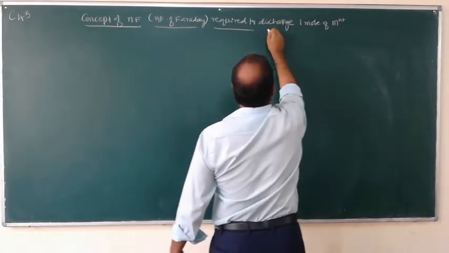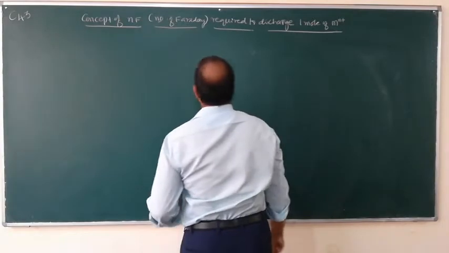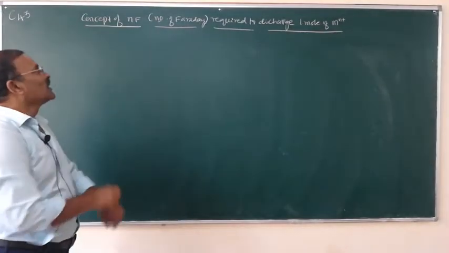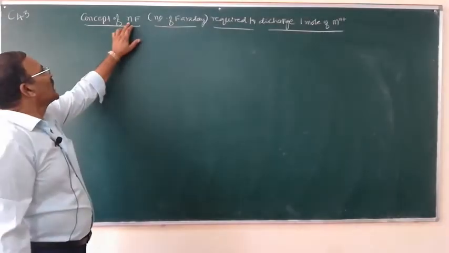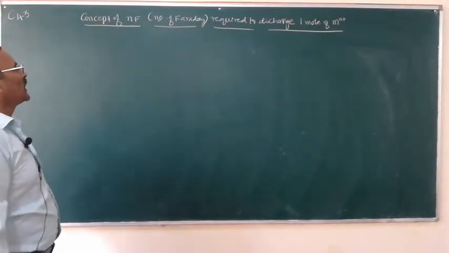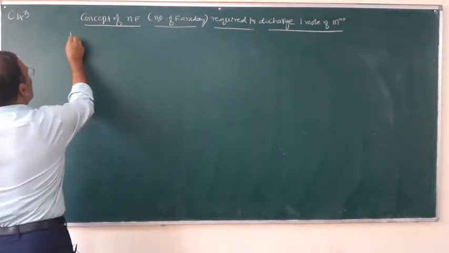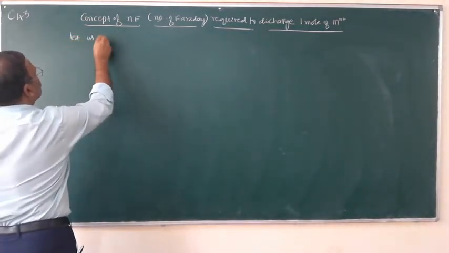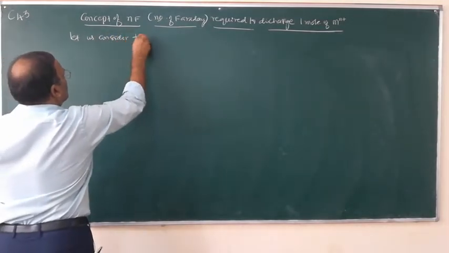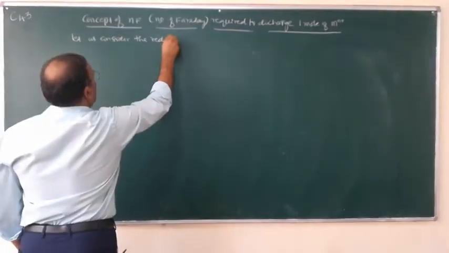So here NF means, N means number of, F means Faraday, number of Faraday. So let us consider the reduction reaction.